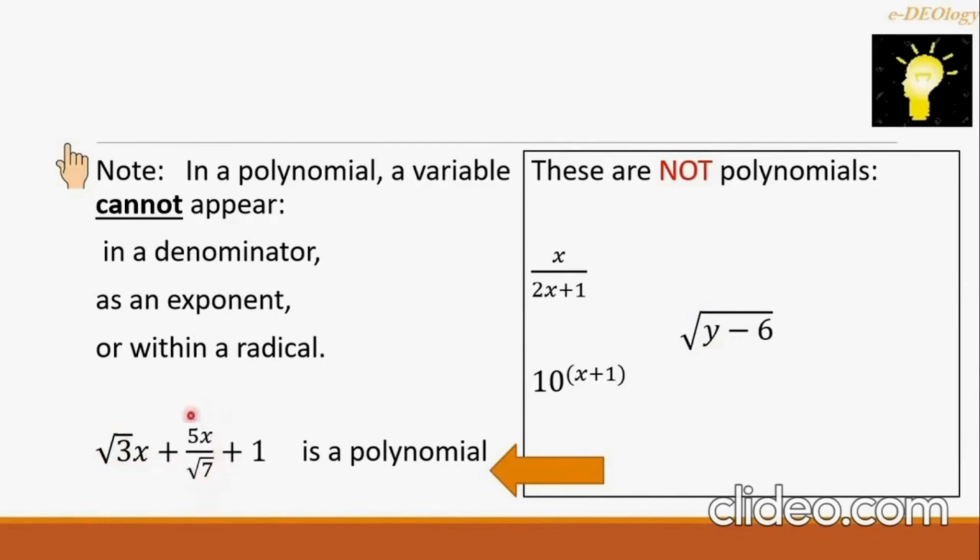In this term there is a fraction, but there is no variable in the denominator. So still this is a valid form of a polynomial. And then plus the whole number 1. This expression here is a polynomial.